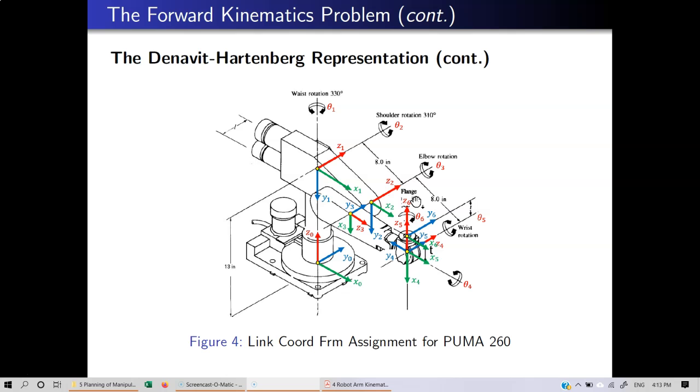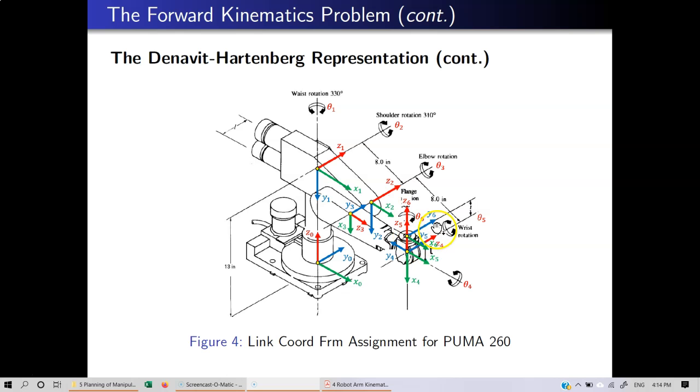And Z6, the last one, according to the algorithm, this is the hand coordinate frame. We don't have an end effector here, but still it says that Zn has to be in the same direction as Z5, so that's why Z5 and Z6 are in the same direction, and X6 should be perpendicular to both Z5 and Z6, so we choose here, and the origin we choose to be at the tip of our link 6, right?